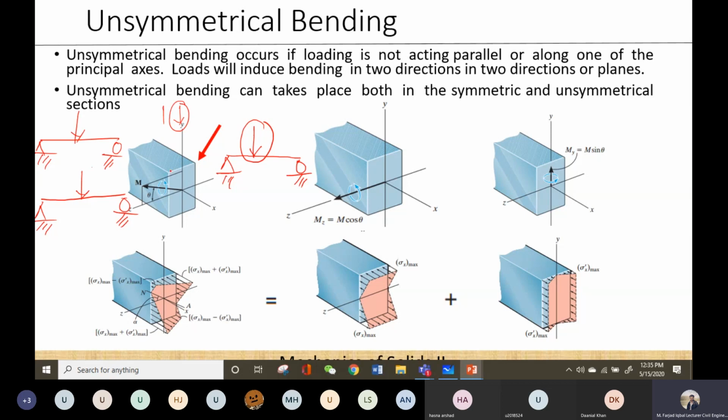You should ask for the cross section and ask what the direction of the loading is, because I can't show it on the longitudinal section, as it acts out of the paper. In textbooks you will find this similar representation on the longitudinal axis, but you have to look into the cross section to know the actual direction of the loading.